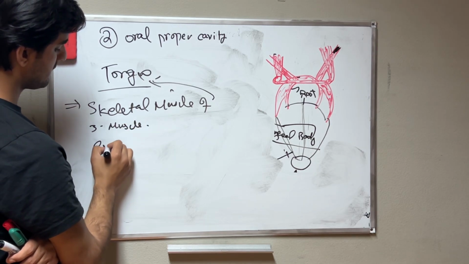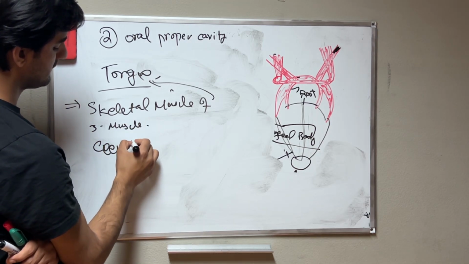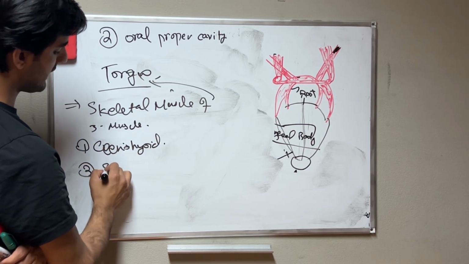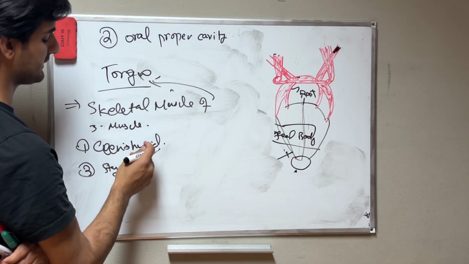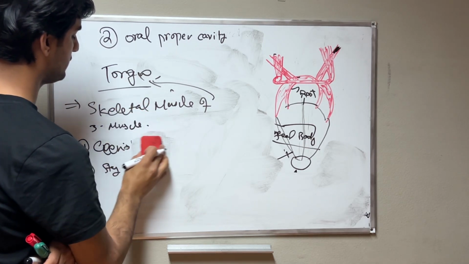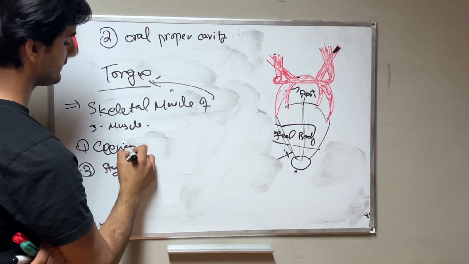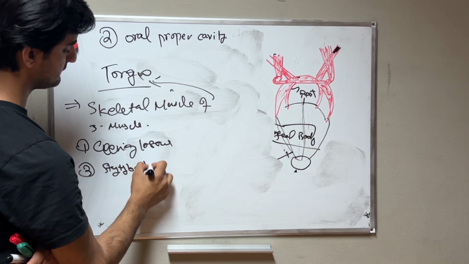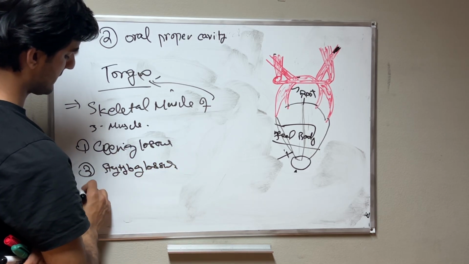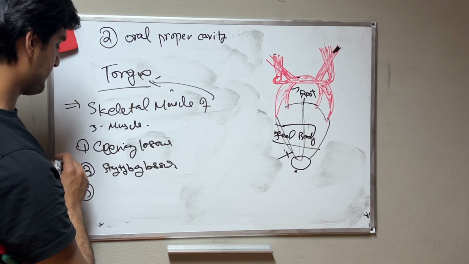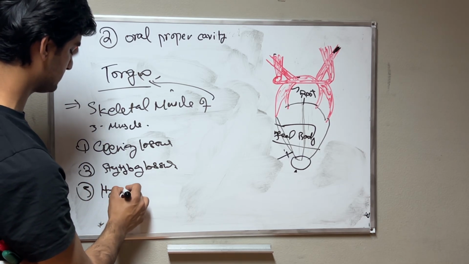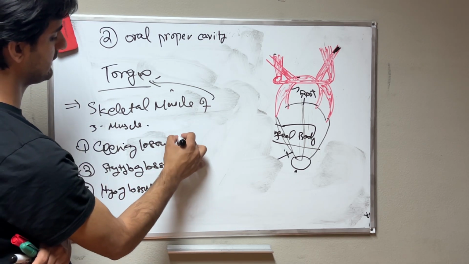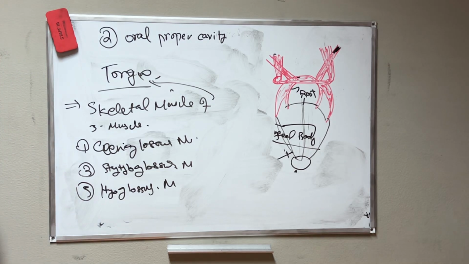First we have the genioglossus muscle, because glossus means tongue. Second, the styloglossus. And third, the hyoglossus. These are the 3 skeletal muscles of the tongue.